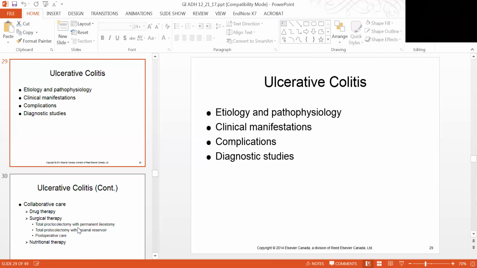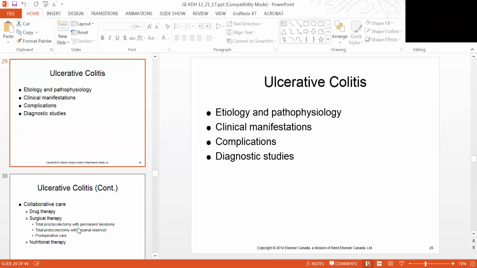Then it becomes more pronounced with more discomfort. They can end up with what they refer to as toxic megacolon. This means the inflammation causes the bowel to get really stretched, and it potentially could perforate.